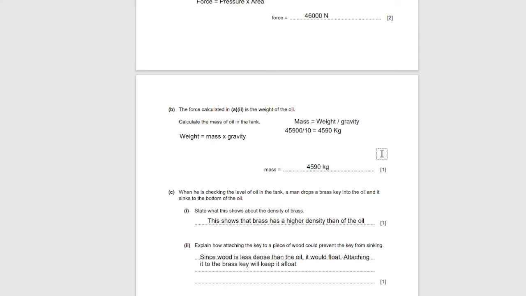We can either use weight equals mass times gravity, or we can use the density formula, which is density equals mass divided by volume. To find the mass, we're going to rearrange it.